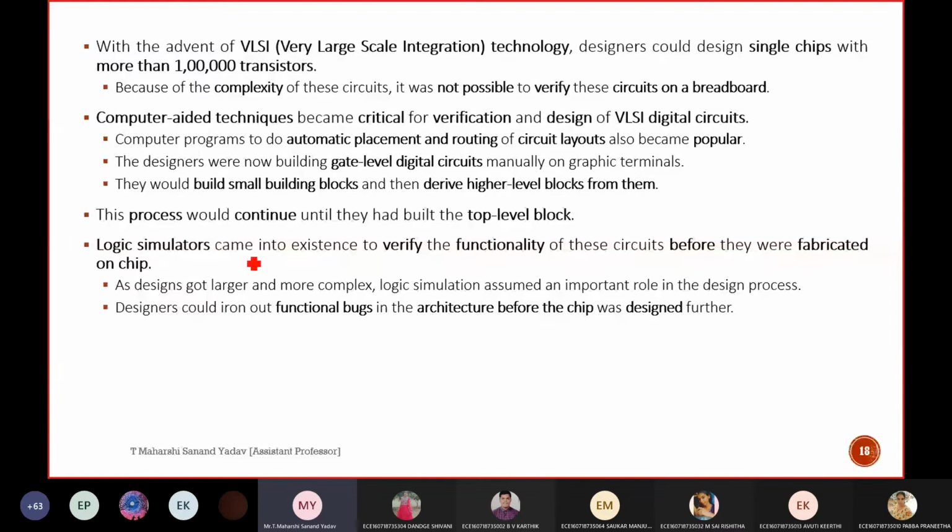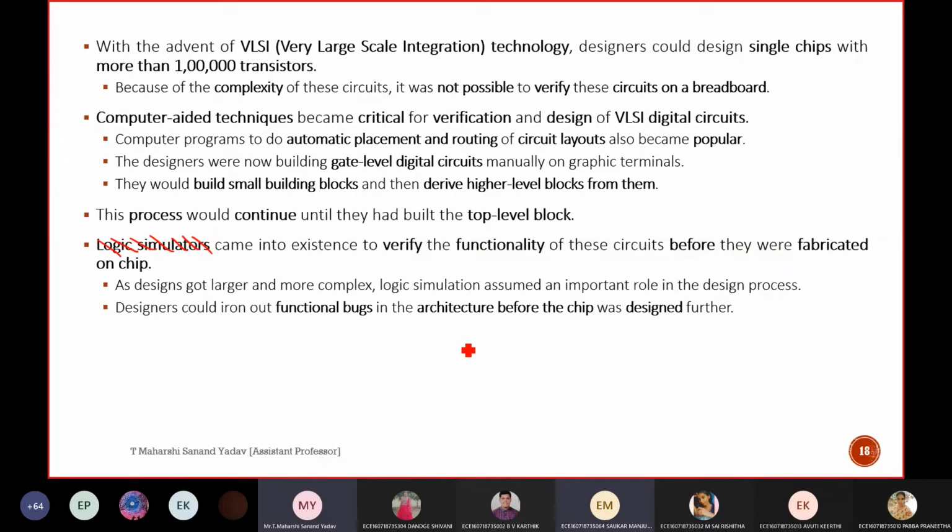Next, logic simulators came into existence to verify the functionality of the circuit before it was fabricated on chip. Suppose I don't do logic simulation and directly fabricate on chip. What will happen? If there is an error, you have to start once again.